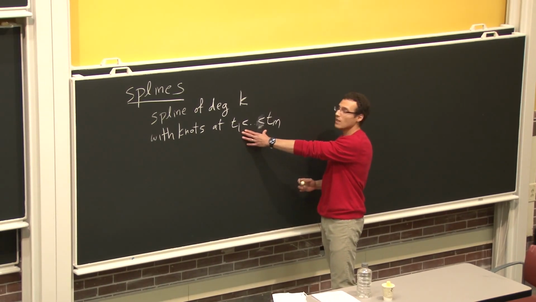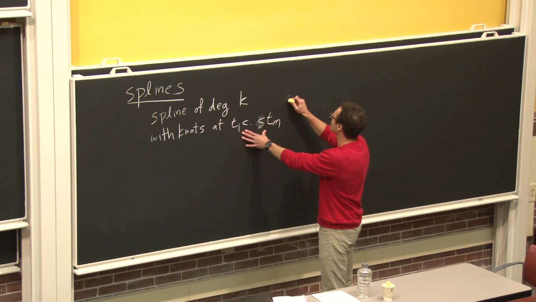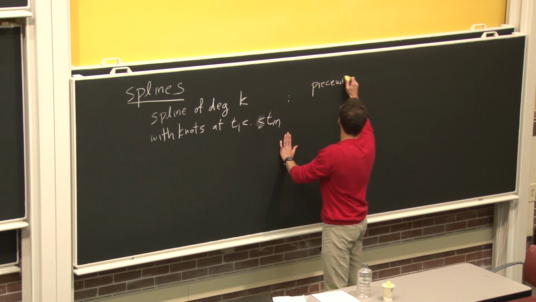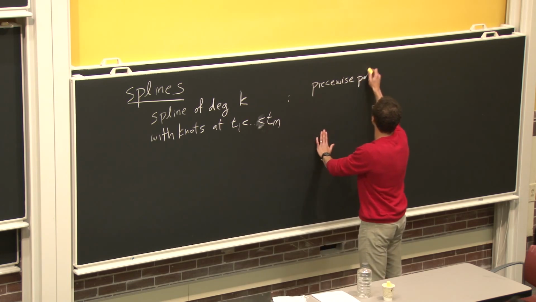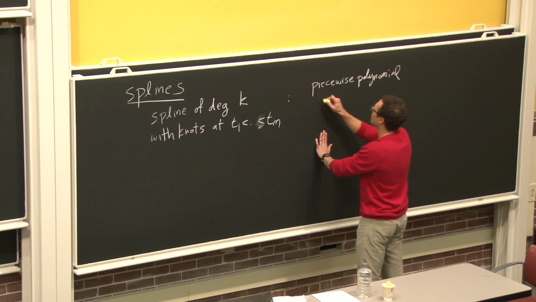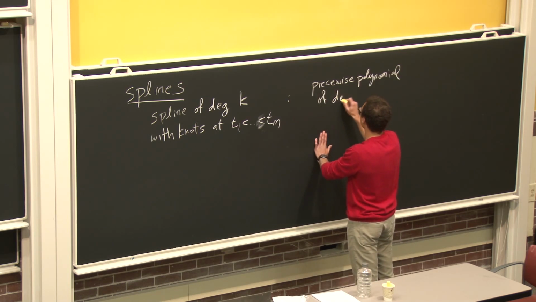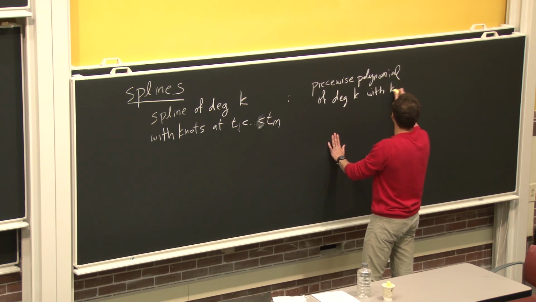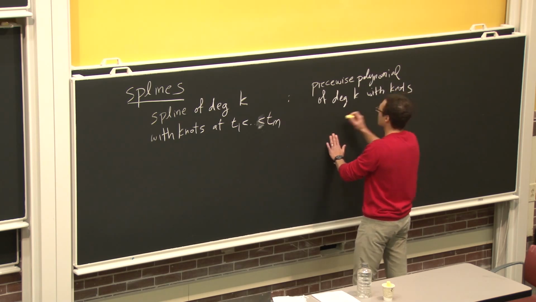These are just numbers. That is specifically a piecewise polynomial of degree k with knots at these locations.